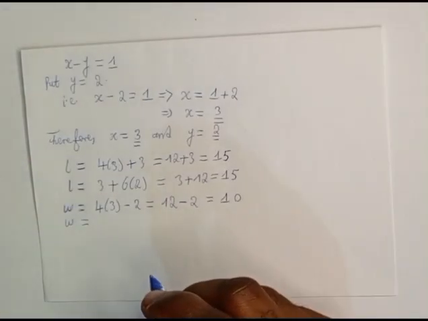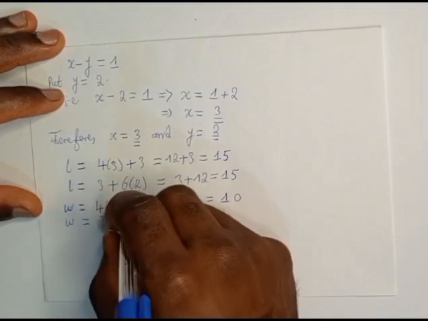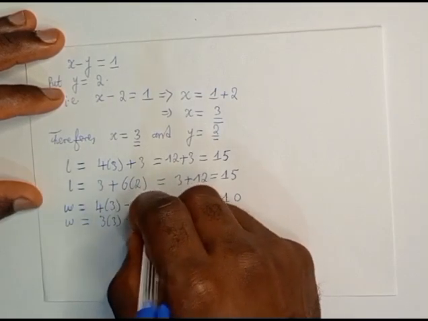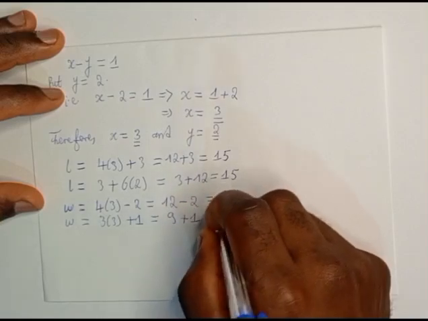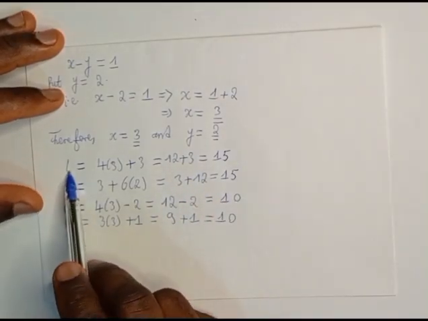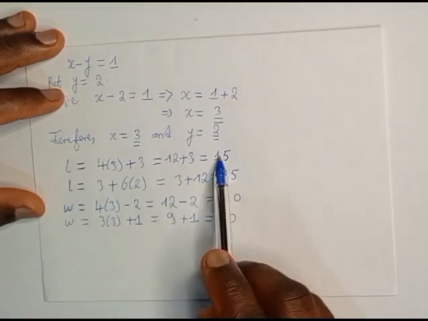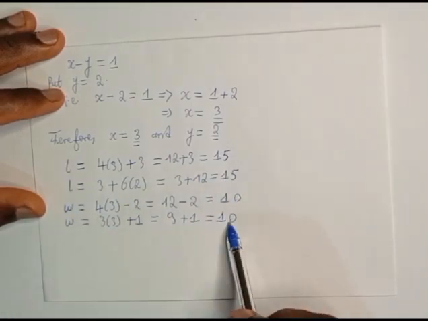We are going to replace x with 3. 3 times 3 plus 1. It is simply equal to 3 times 3 gives us 9 plus 1, which is 10. You can see the length of the rectangle is 15. The width of the rectangle is 10.